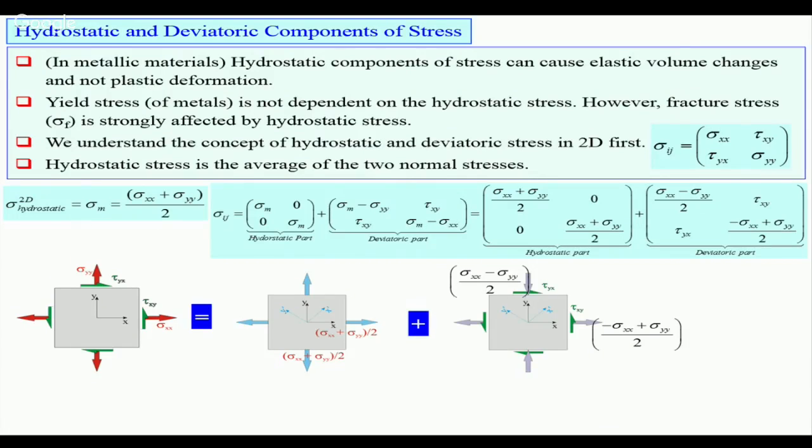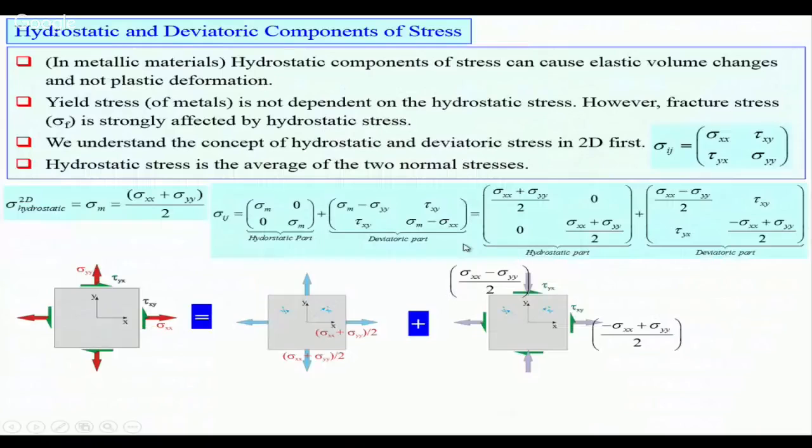The hydrostatic part is primarily the mean or average of the normal stresses, sigma x and sigma y, divided by 2. The deviatoric part is the distortional part. It is the part where the change in shape is happening. Here the shear stresses are acting to actually change the shape of the material. So this part is the deviatoric part.